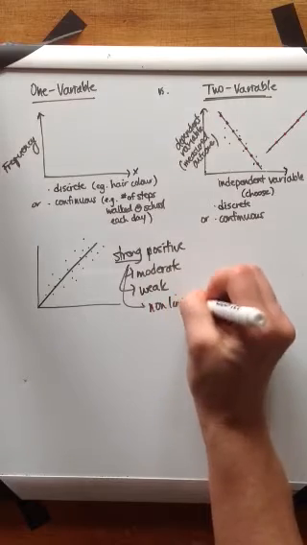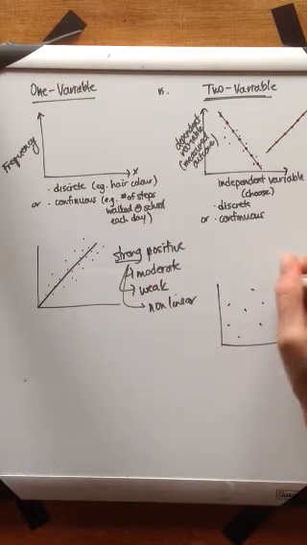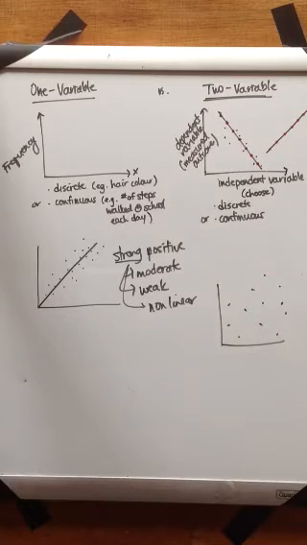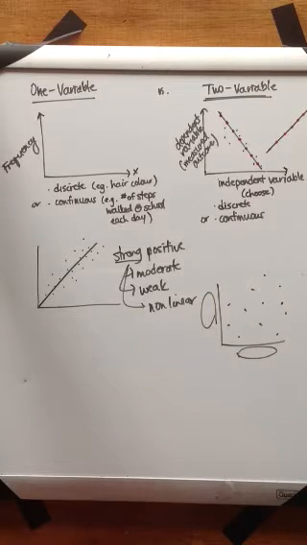So nonlinear might be something like this, where the points are everywhere and you go, where in the world would I do a best fit line? Should it even be positive or negative? And you might say there's no correlation between this independent and dependent variable at all.